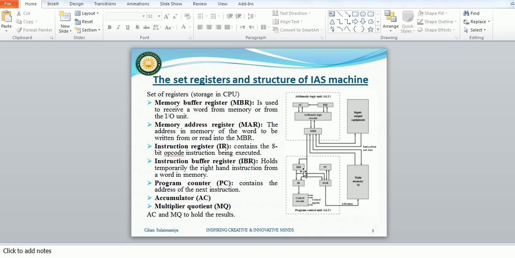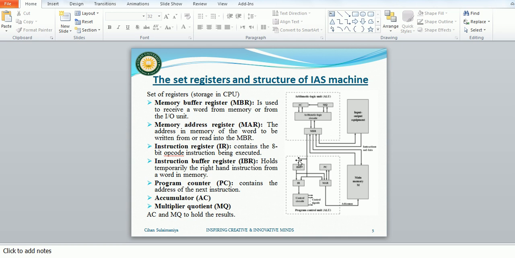This instruction buffer register is like a temporary register that holds instructions coming either through memory via MAR or through MBR. This is another kind of register for storage. As you remember, we studied registers in the microprocessor, and we said they are a kind of temporary memory that stores some data. So that's these types of registers.